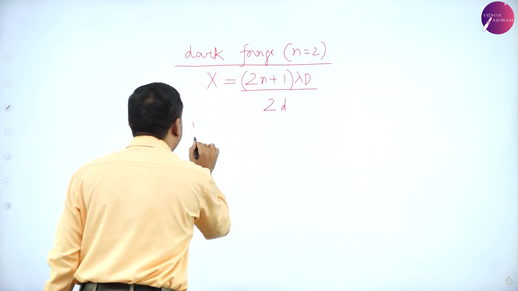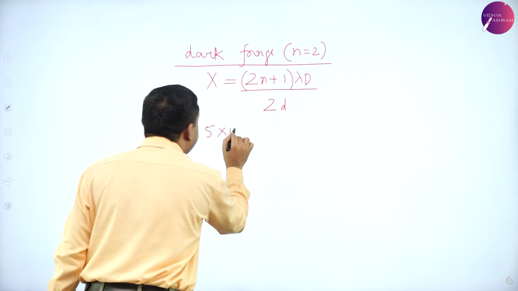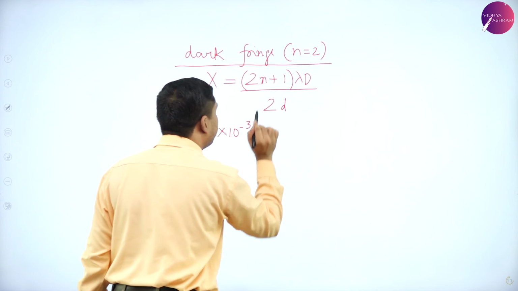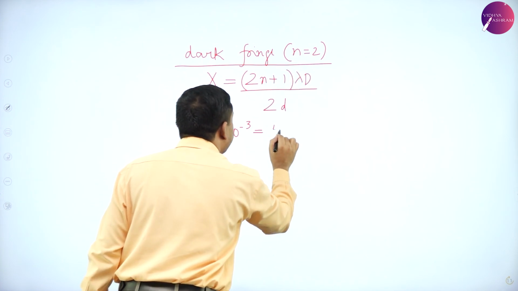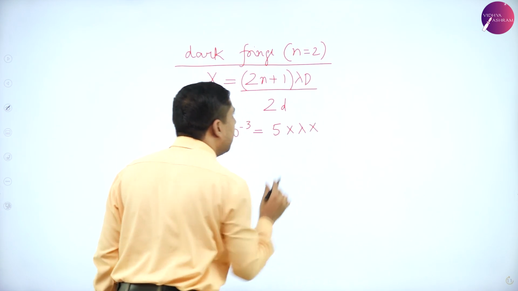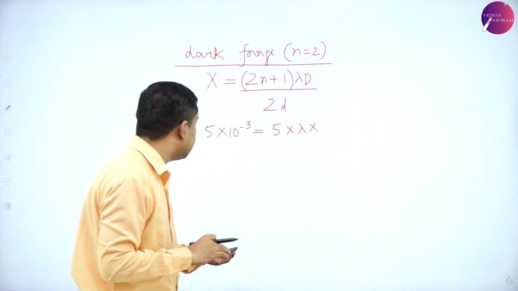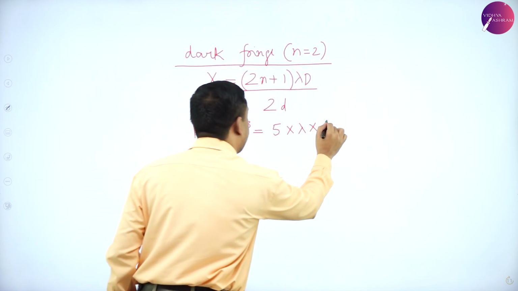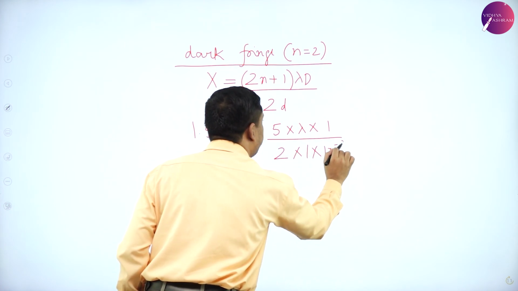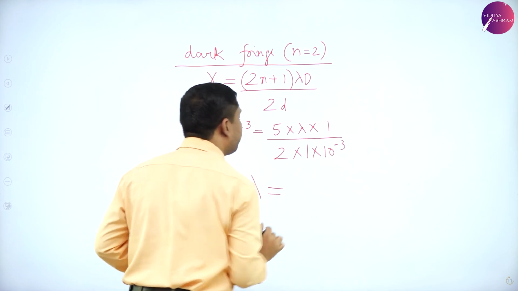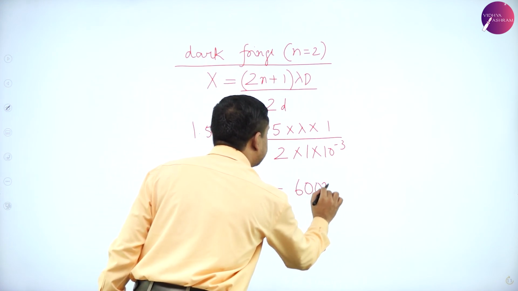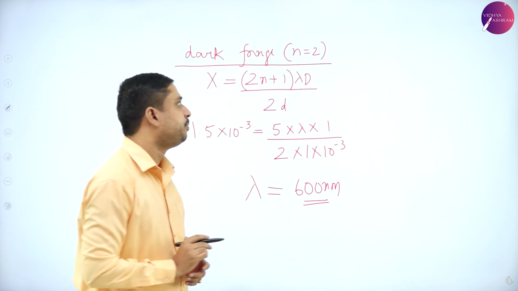Substituting here, 1.5 into 10 power minus 3, 2n plus 1, 2 into 2 plus 1, 5 into lambda into capital D, which is 1, divided by 2 into 1 into 10 power minus 3. Calculating lambda, it turns out to be 600 nanometer.